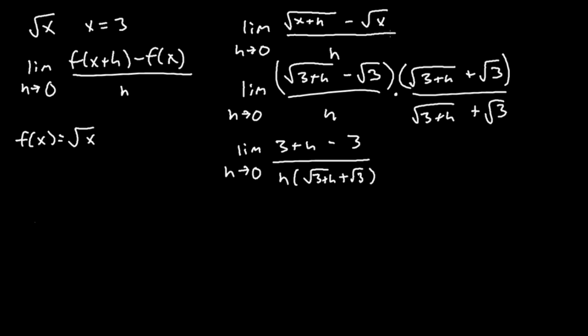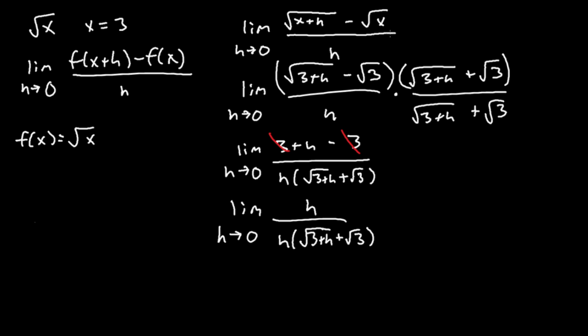Well, what happens is that the 3's cancel out here, and you get left with the limit as h approaches 0 for h over h times the square root of 3 plus h plus the square root of 3.